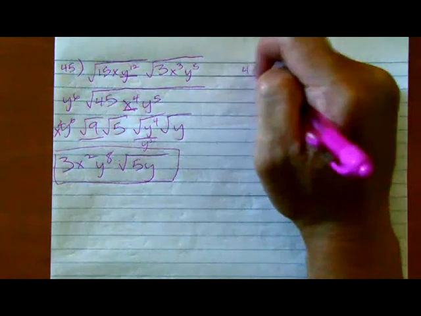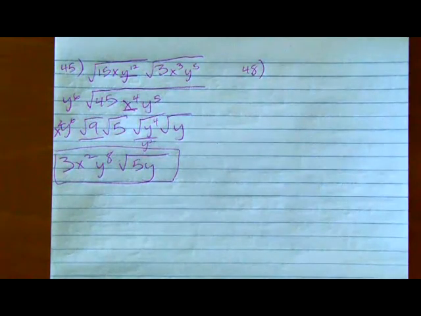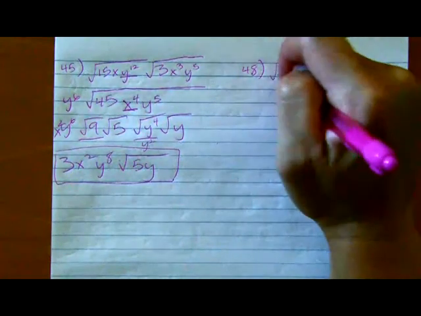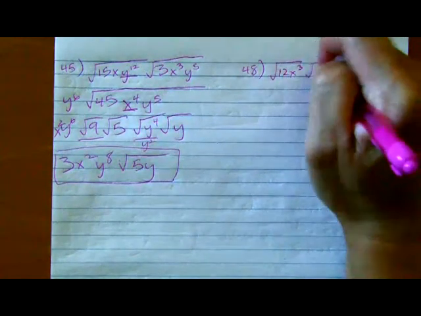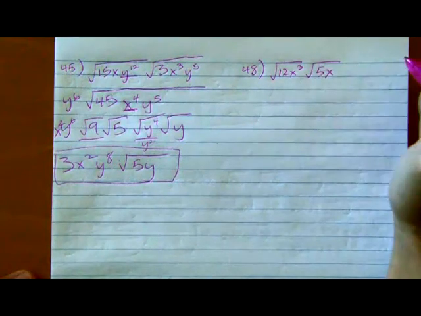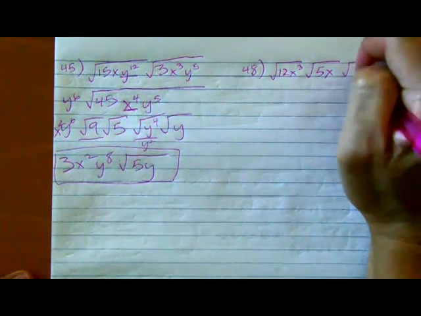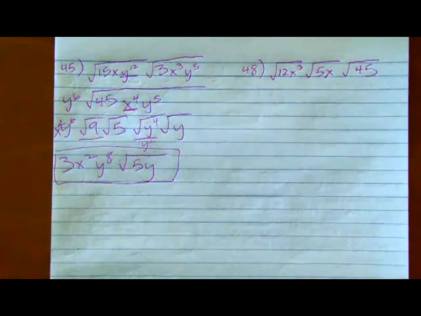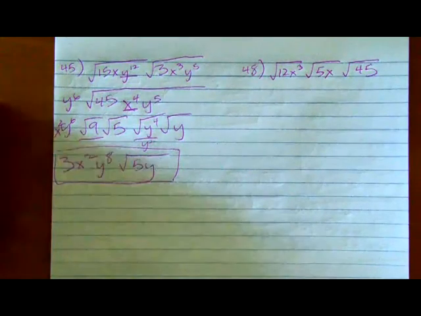Number 48. Radical 12 x to the third times radical 5x times radical 45. There's nothing I can square root right away.